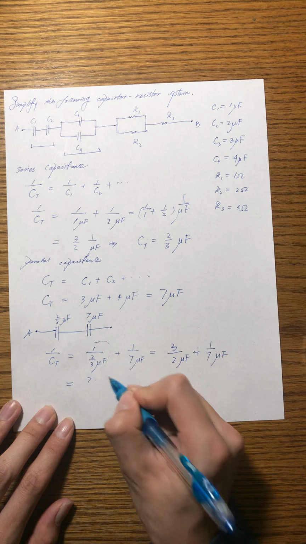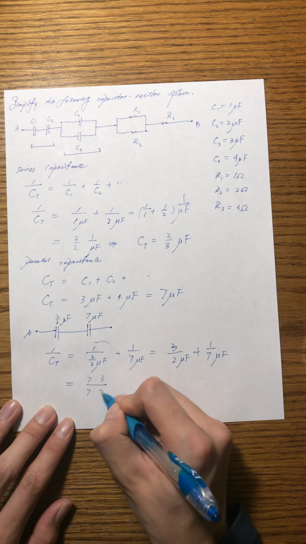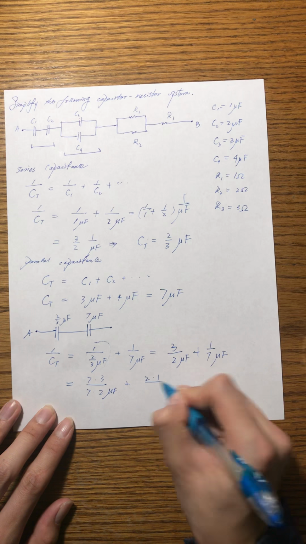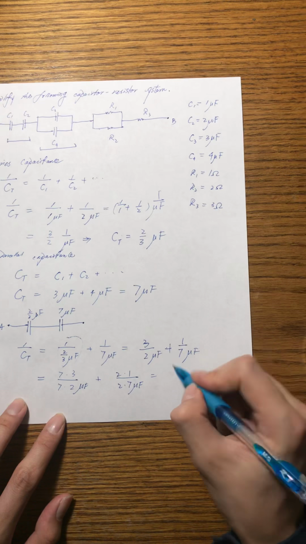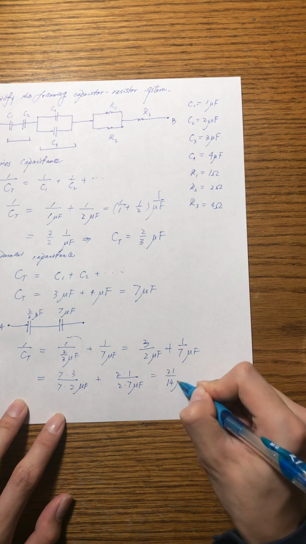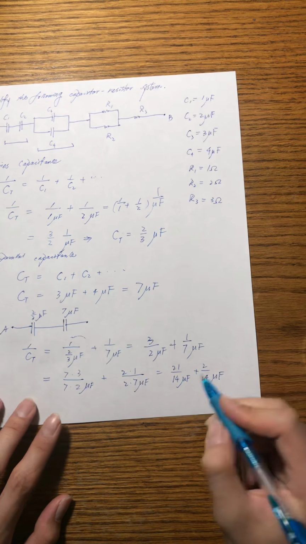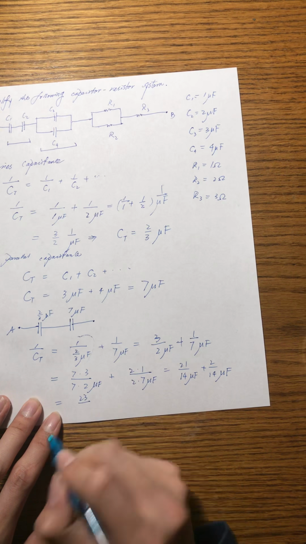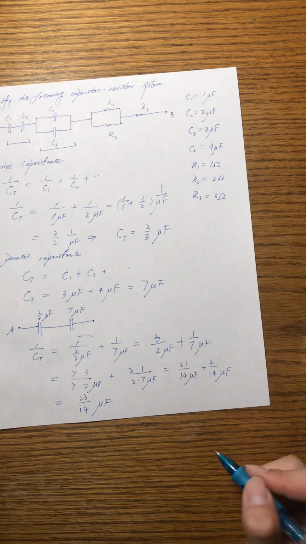So we have 7 over 7 times 3 over 2 microfarad plus 2 times 1 over 2 times 7 microfarad, and that is 21 plus 14 microfarad plus 2 over 14 microfarad. So now we have a common denominator, and we get 23 over 14 microfarad.